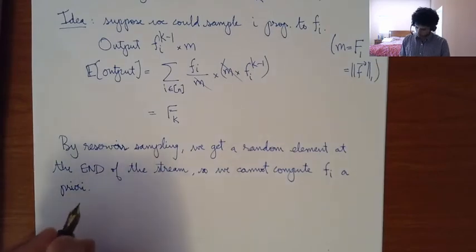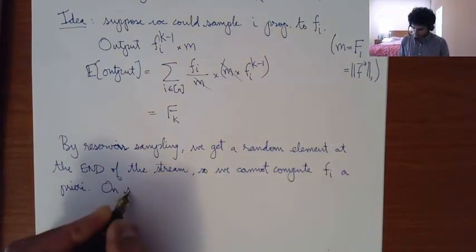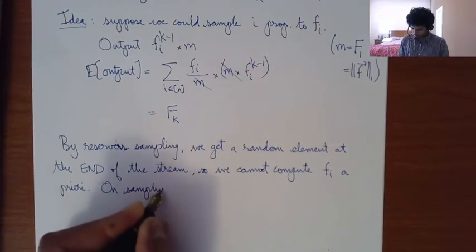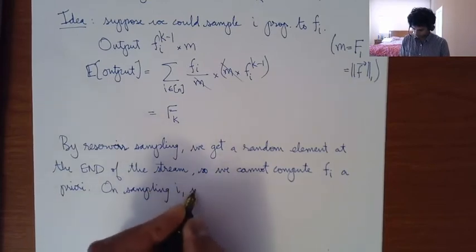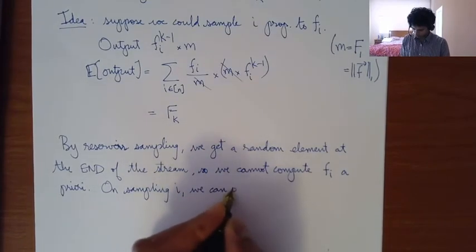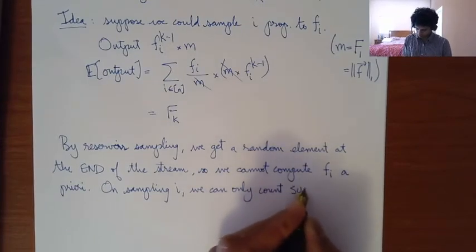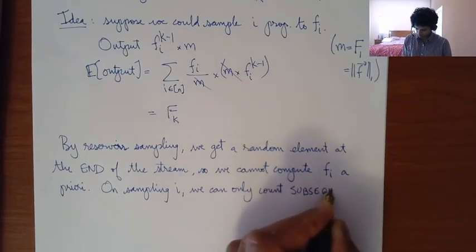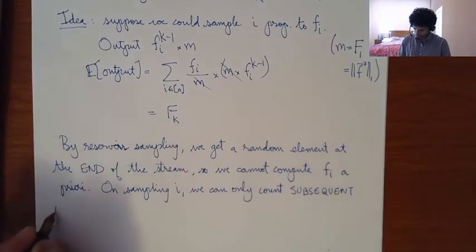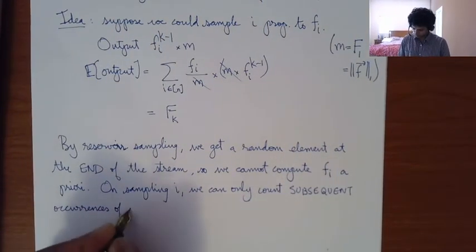So on sampling i, we can only count subsequent occurrences of i.